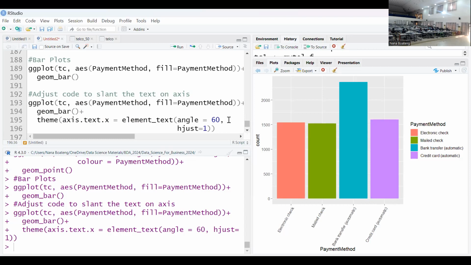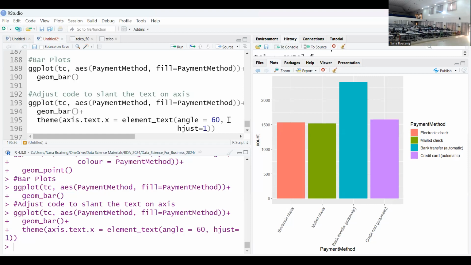Please let me differentiate between the fill and the color. Remember when we were doing the scatter plot, we used color, and it gave us various colors for the points. Okay, so there's a slight difference between them.